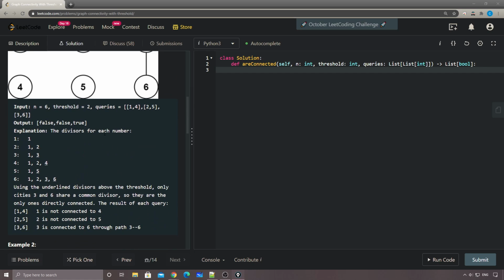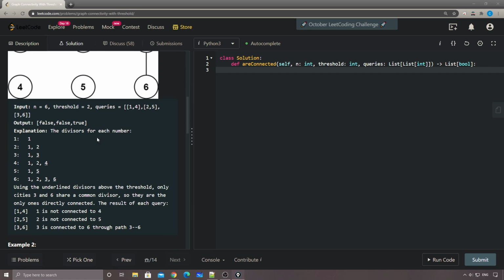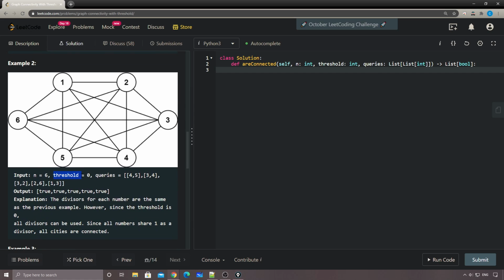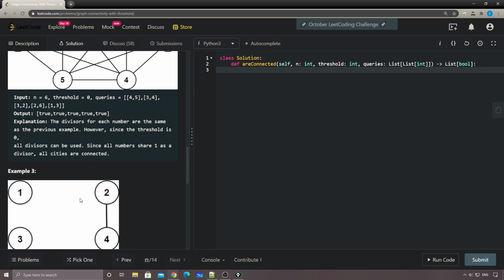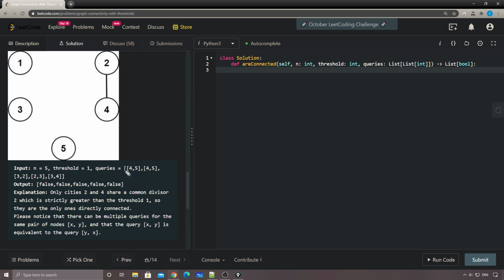If we have a union find data structure with all the possible combinations that satisfy this threshold, then after we have the graph created, for each of the queries we can simply do a find of the first element, find x.